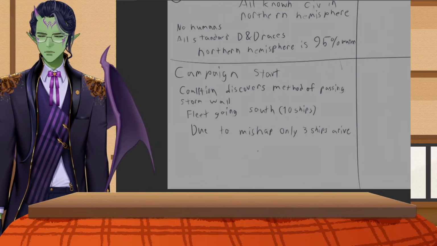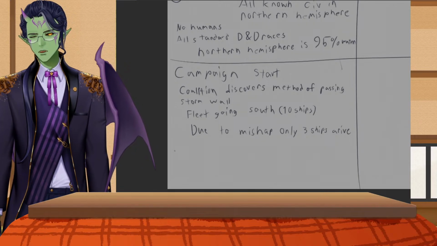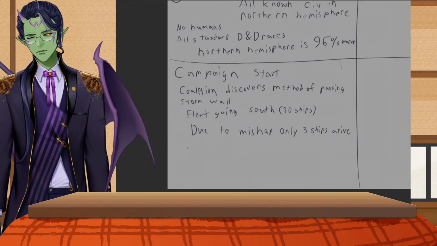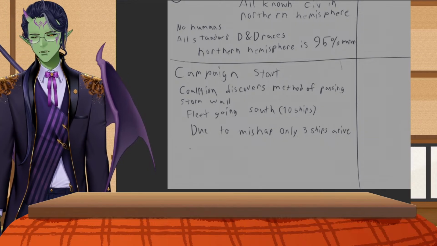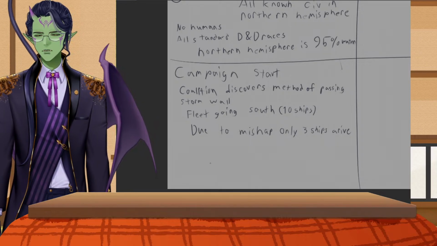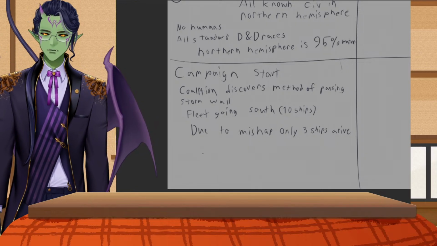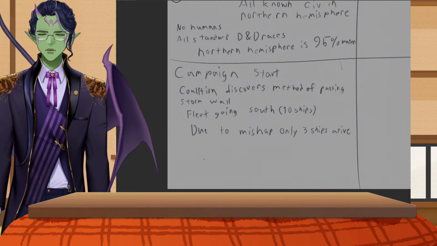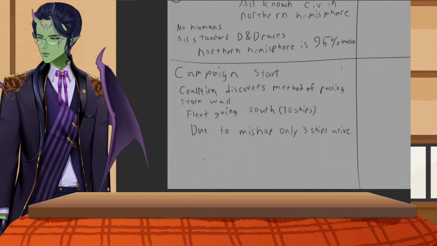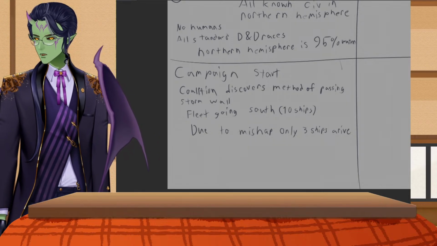So you have 3 ships arriving, and the southern hemisphere is a continent almost entirely. Obviously not all the way up to the equator, I don't think, but almost. The equator is 0 degrees, and then does it go up to 90 or does it go up to 180?